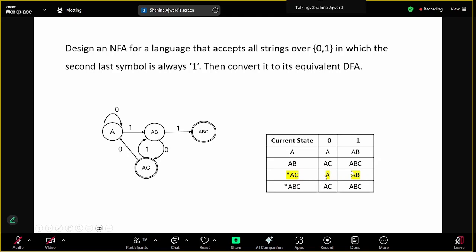AC is a final state, so we have the double circle. When it receives 0, it goes to A, and when it receives 1, it goes to AB.